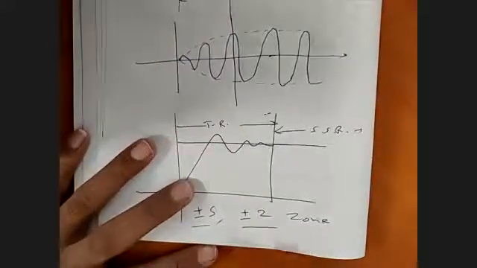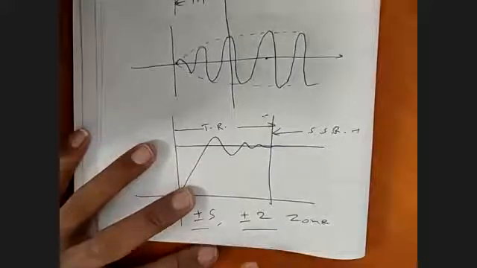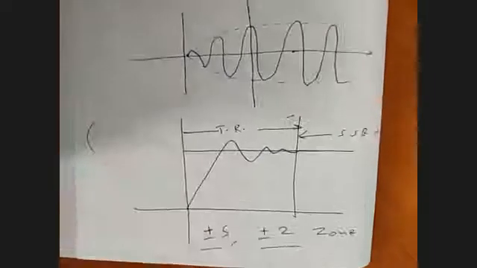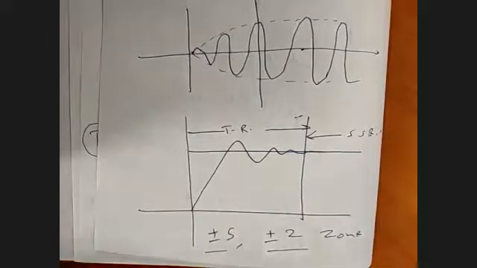When the variation in the output is plus minus 5% or plus minus 2% of the final value, then we assume that the system is in steady state. Because ideally a system requires infinite time for getting a steady state response.